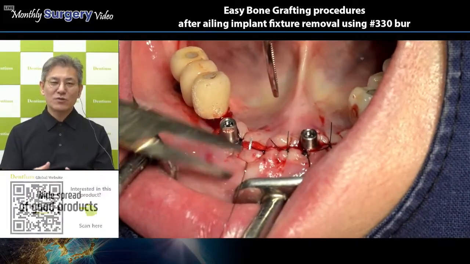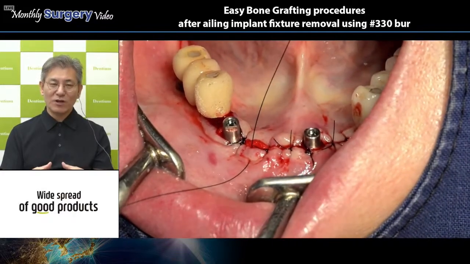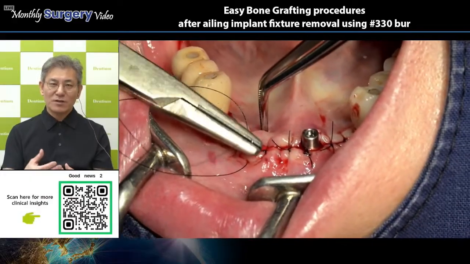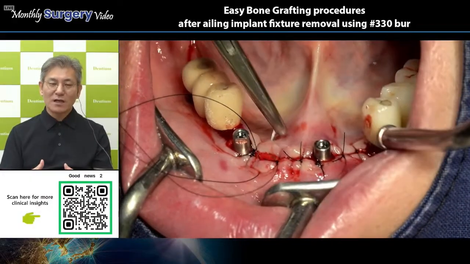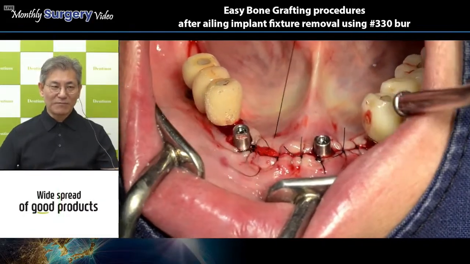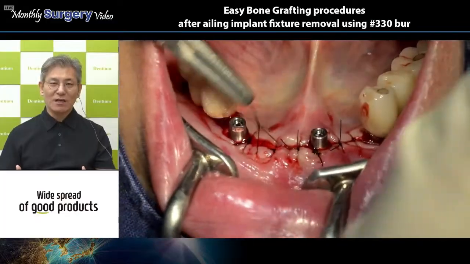If you choose an internal connection type, maybe 3.3, even 2.8, the implant fixture thread may be exposed, and you need more effort, like a big bone graft and some space maintaining.